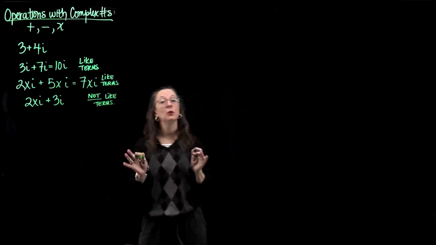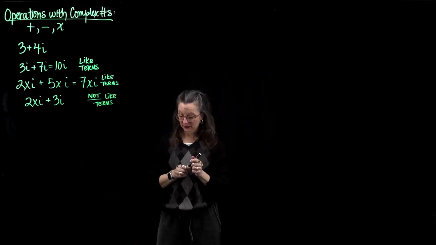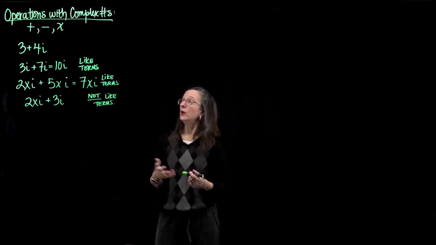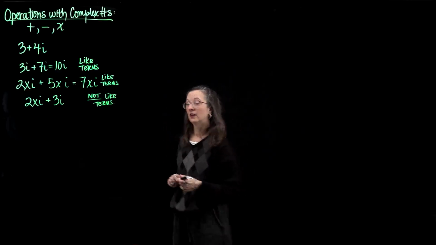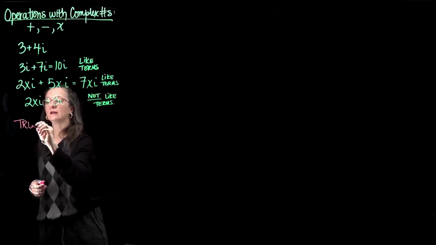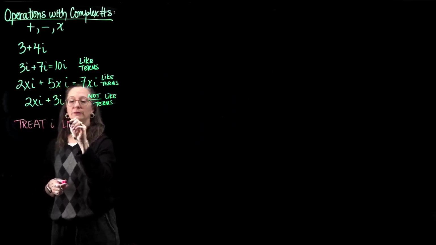So this becomes important as we are dealing with the operations on complex numbers. Okay, so when we do operations with complex numbers, here's our rule. We're going to treat i like a variable.